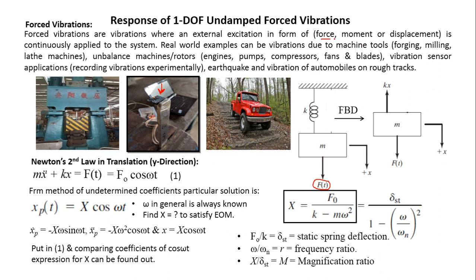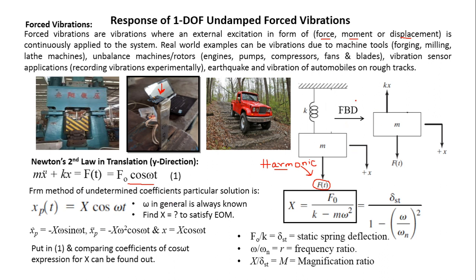It can be force, moment, it can be displacement, but what we are assuming is that this f(t) is harmonic. It's some kind of a harmonic function, as shown here. So it is harmonic, and we will stick with this assumption that these excitations will always be harmonic as long as we are dealing with chapter number 3.